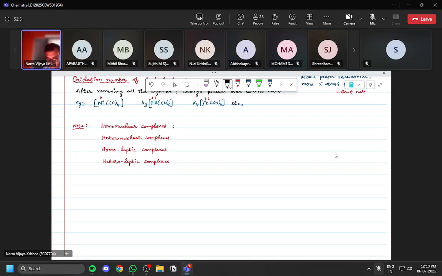Homonuclear complexes means only one central atom. Heteronuclear means two or more central atoms.